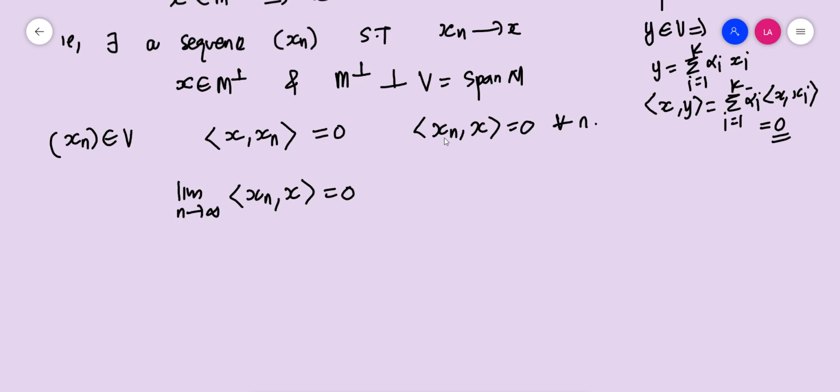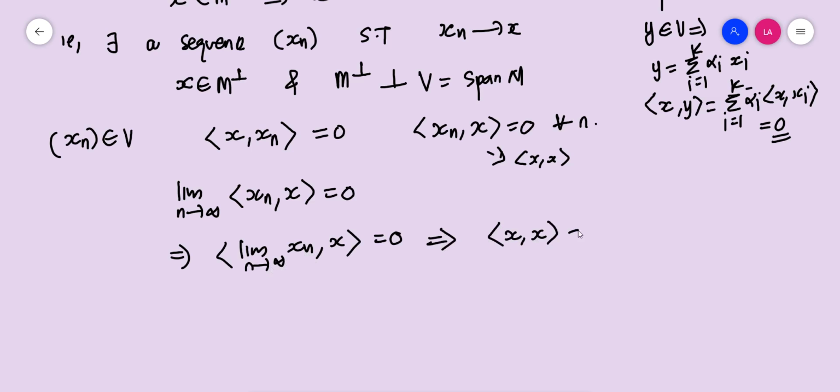Or you can write, using the continuity of the inner product, <Xn, x> converges to the inner product <x, x>. So the limit as n tends to infinity of <Xn, x> is equal to 0, which implies <x, x> should be equal to 0, which implies norm x squared is equal to 0.